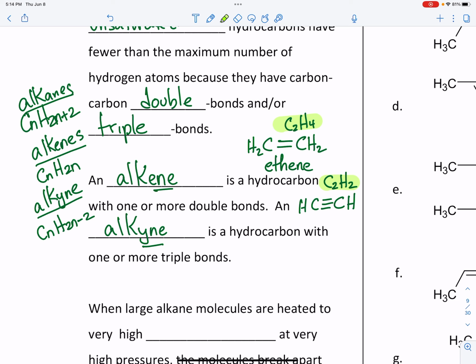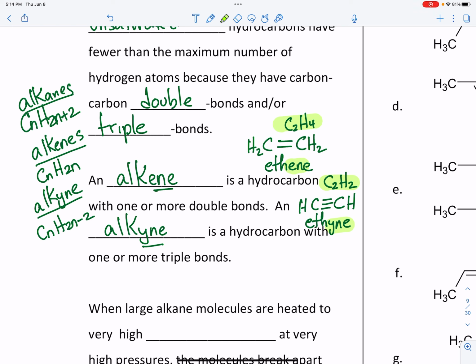Subtract 2, and we get 2 hydrogens. The name of that molecule, because it has the triple bond with 2 carbons, is going to be ethine. Okay, so you notice alkenes, their names end in -ene, while alkynes, their name ends in -ine.